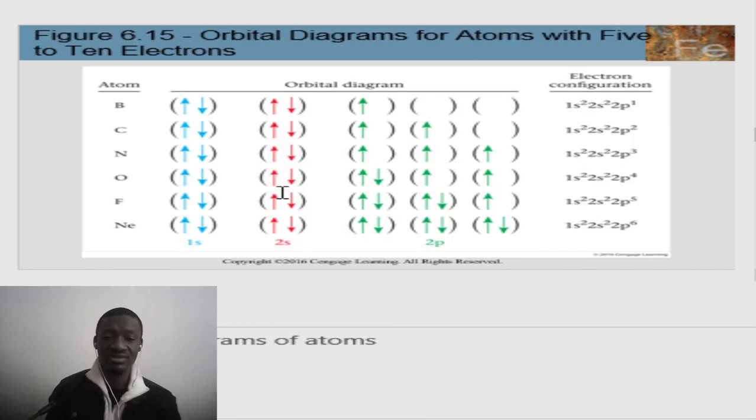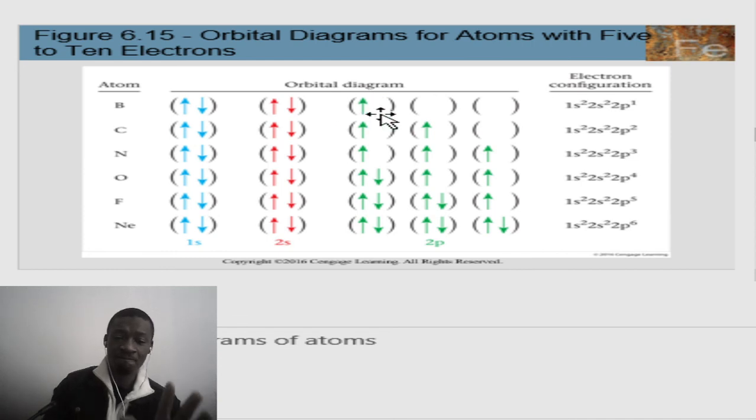So this is a long example of boron, and you can see it's 1s2, 2s2, 2p1. Sorry, 2p1, not 2p3. So you have 1s2, then 2s2, and this is 2p1.